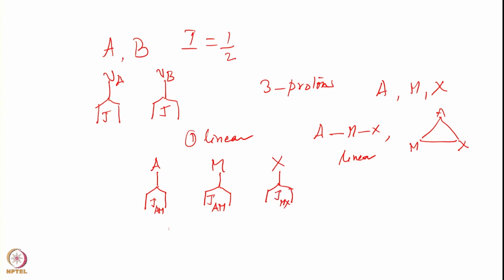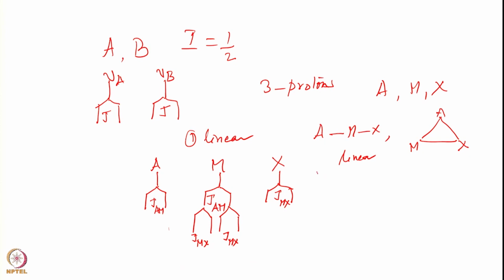But now M is coupled to X as well. So we extend this argument in the same manner and each of these lines will get split further into 2, and this is because of the JMX coupling. So I will get a doublet here, a doublet of a doublet here and a doublet here again. So this is for the linear system.